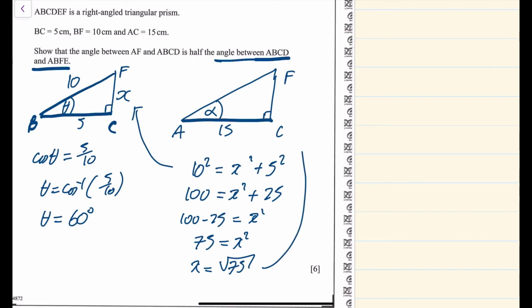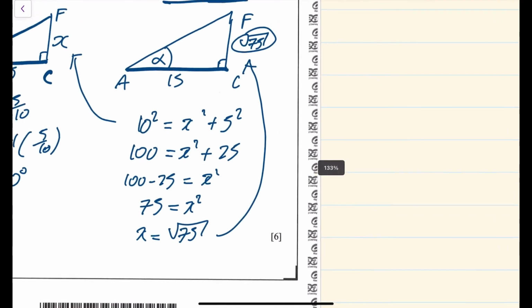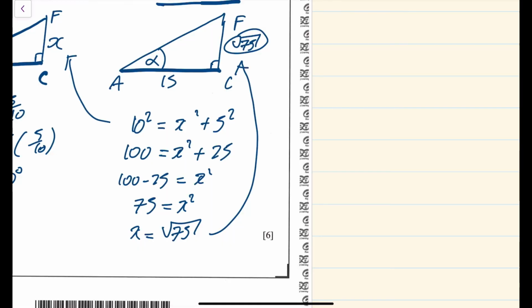So that's where I have magically got this from. That's the square root of 75. And then we can use just tan to find our alpha. So tan of alpha will be root of 75 over 15. And then if you do tan to the minus 1 of that, I'm just going to check that.